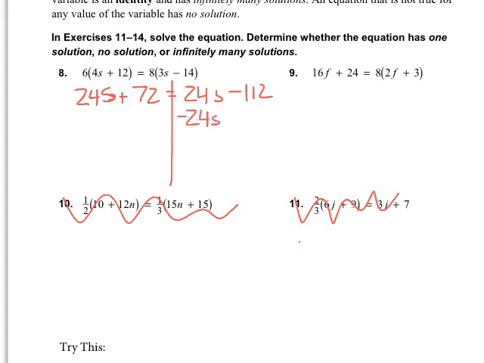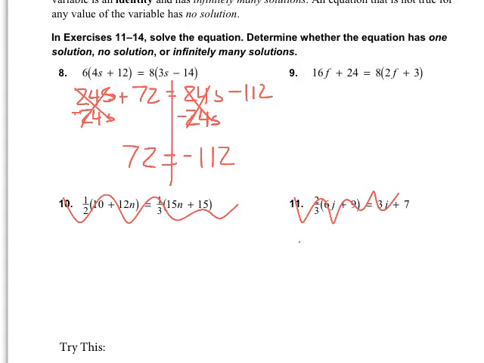I need to do an opposite operation to bring my variables to the same side, so I subtract 24s. What's 24s minus 24s? Gonzo, right? It's gone. It's completely disappeared. So I have 72 equals, on that side, 24 minus 24 eliminates. I get 72 equals negative 112, okay? So anytime we have something that looks like this, when we are having variables completely eliminate, that's when we know we're having a special case, okay?